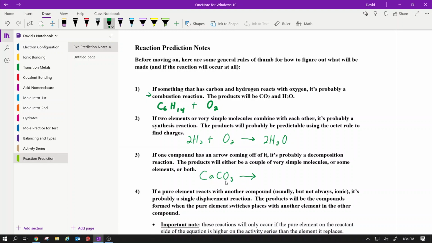You look this up and you say, oh, wow, a carbonate. That means it's going to make a carbon dioxide and a metal oxide. And again, you balance the charges and then balance the compounds. All right? So there's that. Is that already balanced? Let's see. Calcium, carbon, 3 oxygens, 1, 2, 3.